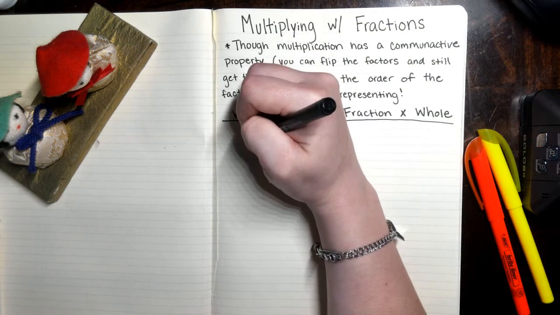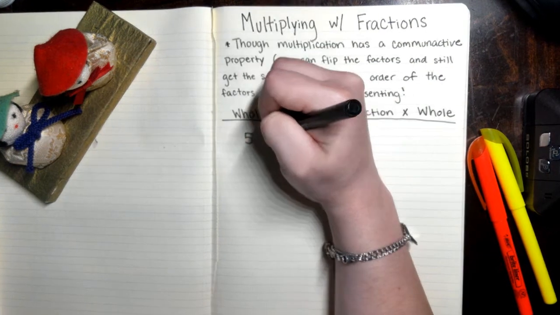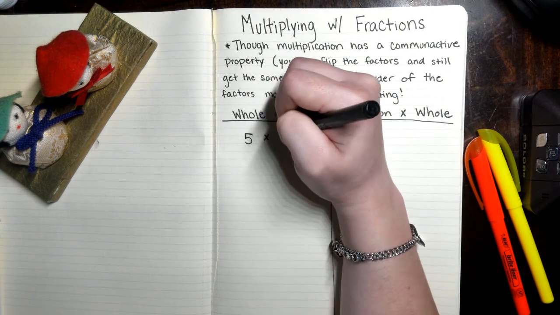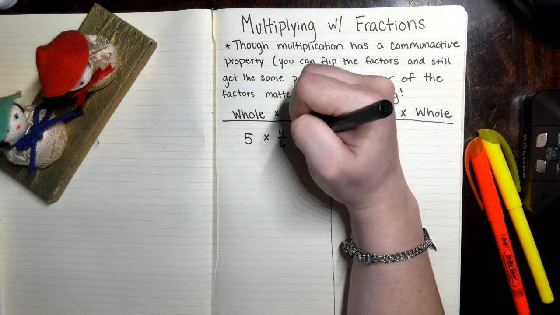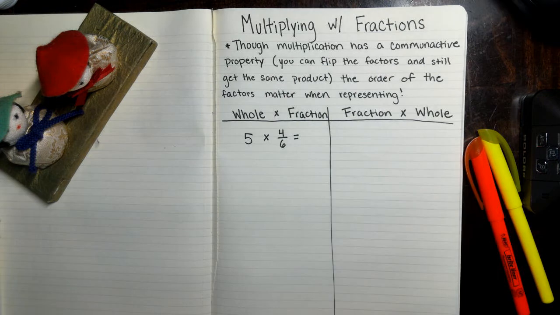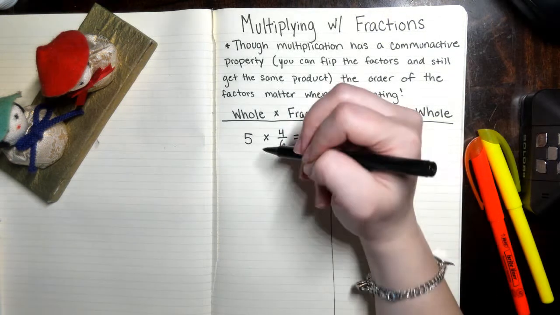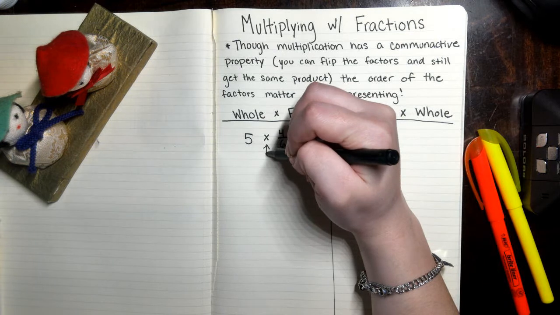Let's start here. Let's do 5 times 4/6. Okay? So remember, that little multiplication symbol means something.